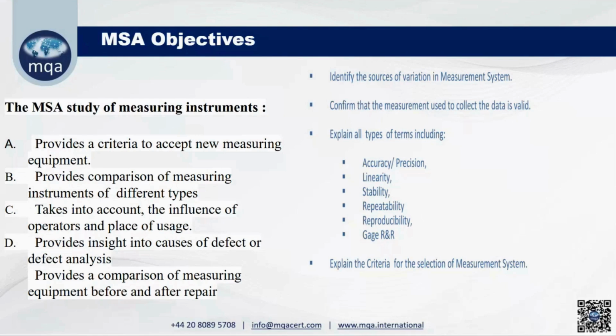Because anything can go wrong and we cannot say the measurement is right. MSA provides a criterion for accepting new measuring equipment, telling us whether we should accept it or not.